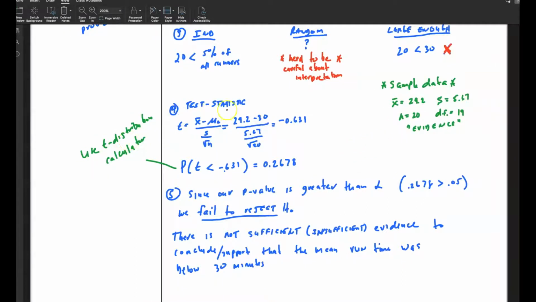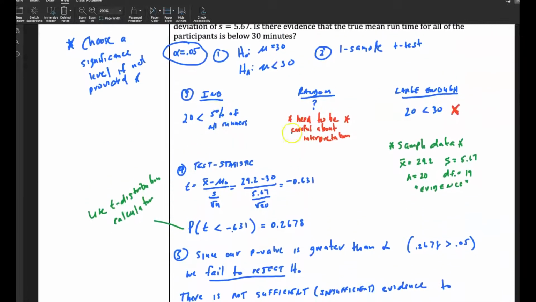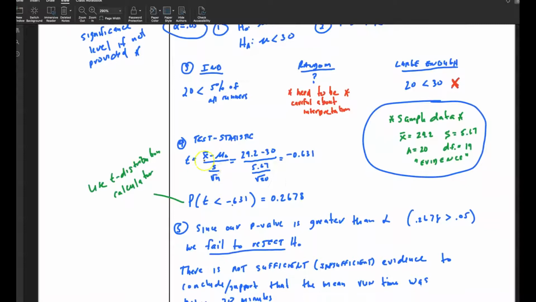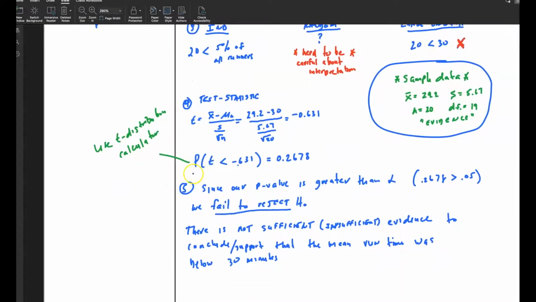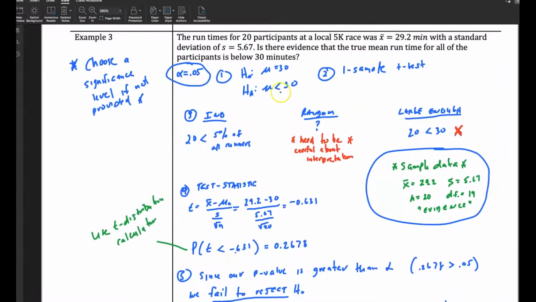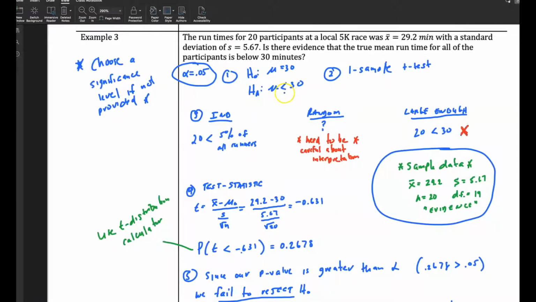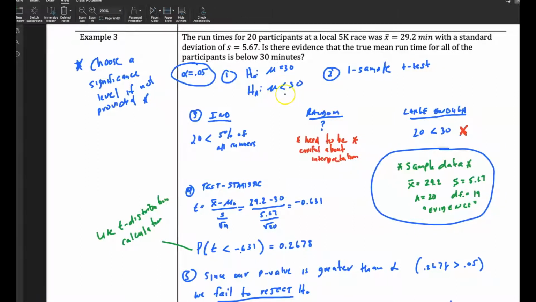We're going to calculate the test statistic using the sample data. There was the sample data in green over here. That goes into it, and then you get your test statistic. After you have your test statistic, you calculate the probability that it was less than, because we're using a one-sided left tail test.